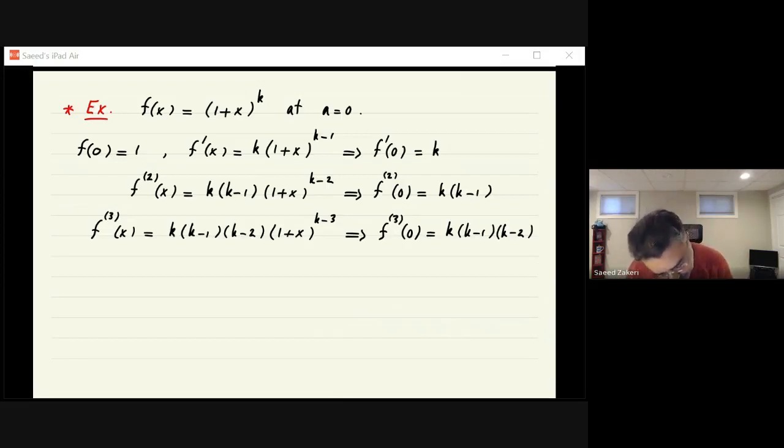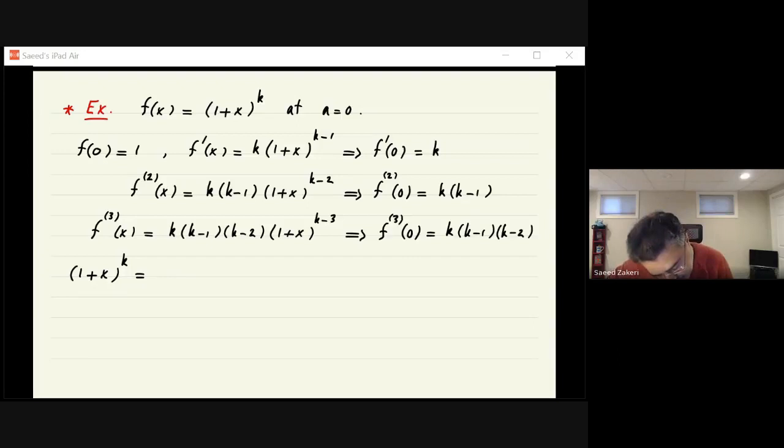And therefore, the Taylor series, so I'm not going to prove this, but this is in fact true: the function is equal to its Taylor series. So (1 plus x) to the power k, you can write it as its Taylor series.